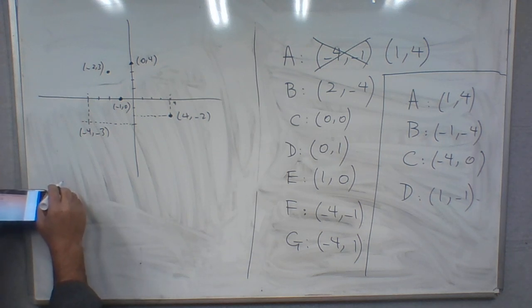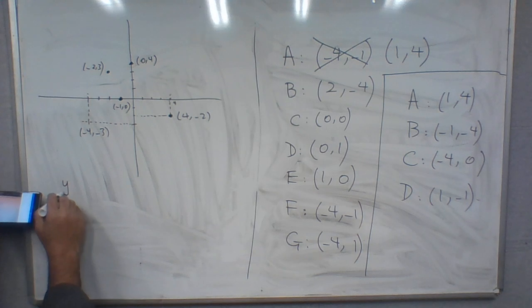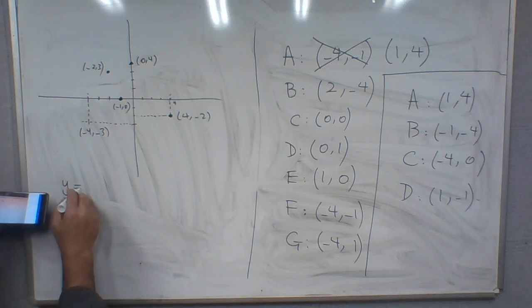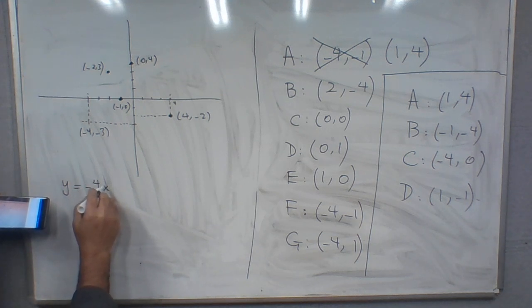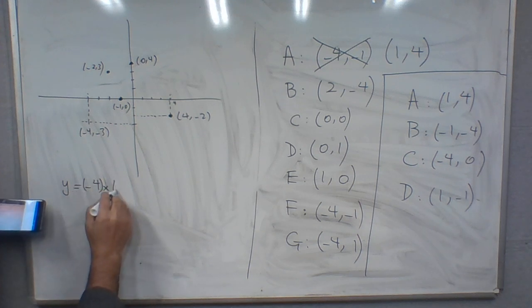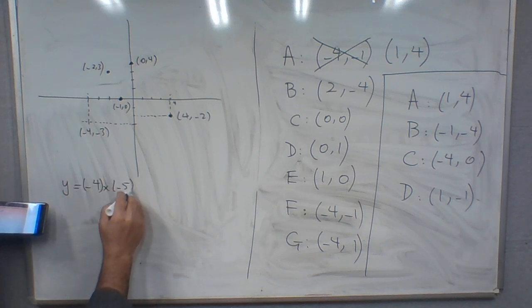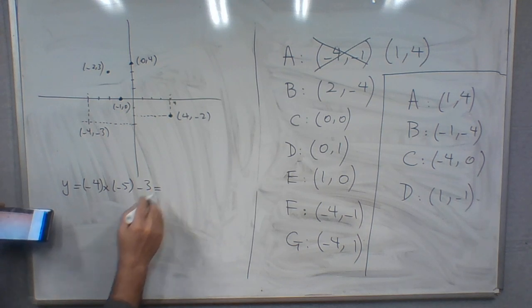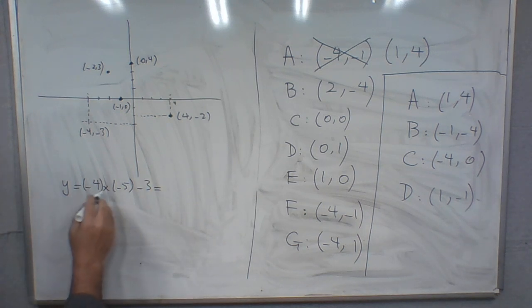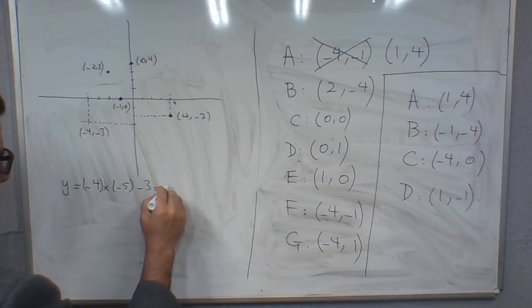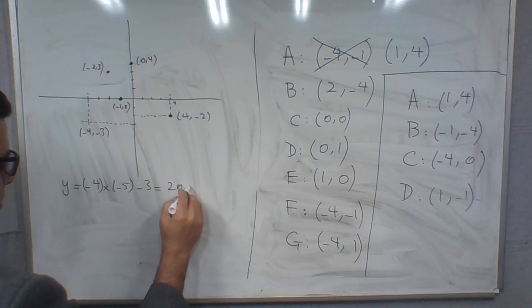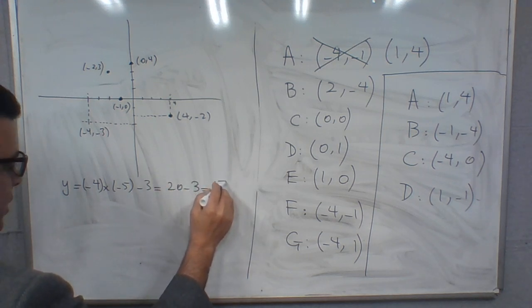If x is negative 5, y equals, by the formula, negative 4 times negative 5, minus 3. So it is 4 times 5, 20, with positive sign. 20 minus 3, so it is 17.